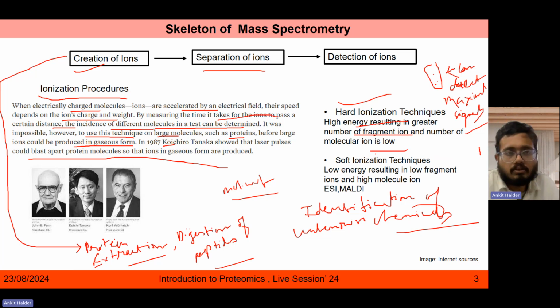So this was not able to work for our biomolecules, and then came the soft ionization techniques. Thanks to them, you can see in the left hand corner, John B. Fenn, Koichi Tanaka, and Kurt Wüthrich, this low energy resulted in low fragment ions and high molecular ions.